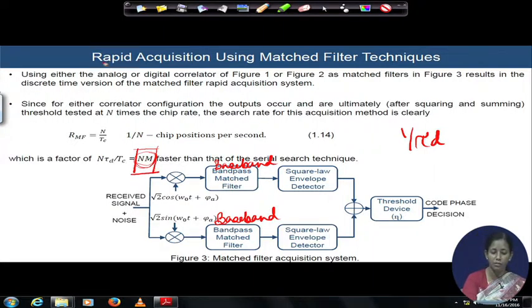That's why the name justifies that it is a rapid acquisition mechanism, and this architecture is capable of giving very rapid acquisition by replacing the multiplier followed by an integration, and changing the search mechanisms at the subchip levels. The matched filter is expediting your acquisition time.